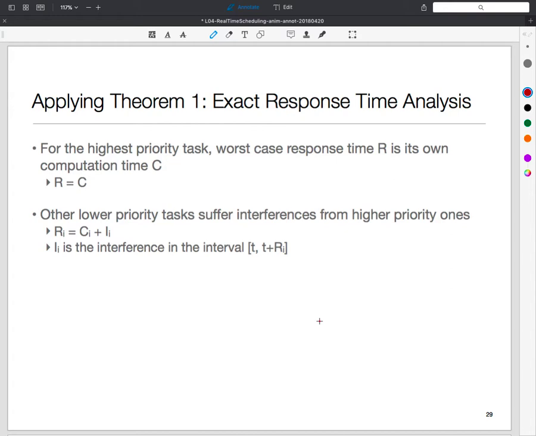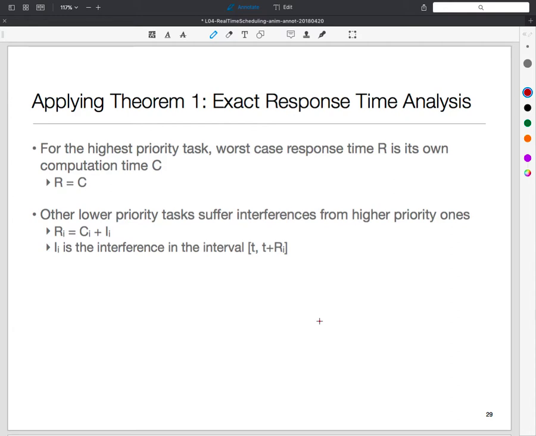We are going to call that interference, and lump that under I sub i. So I sub i is some magical variable which captures the cumulative effect of interference by all higher priority tasks. And we are going to try to quantify it.